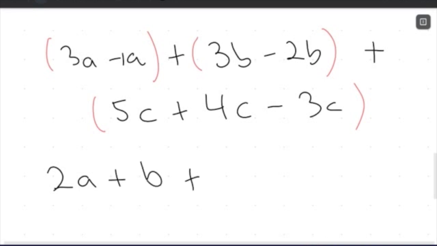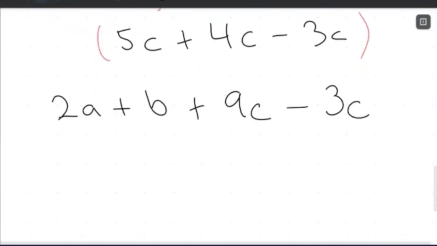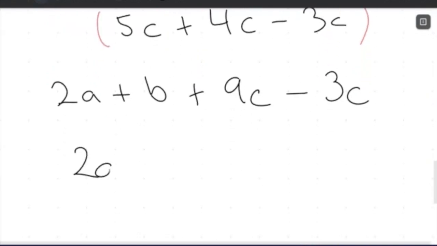And 5c plus 4c equals 9c minus 3c. Taking one more step, I am going to subtract 3 lots of c from 9 lots of c. And working with these coefficients, these numbers before, I will get left with 6c.